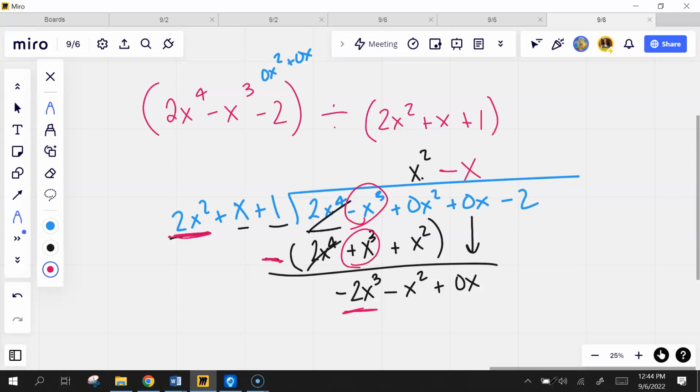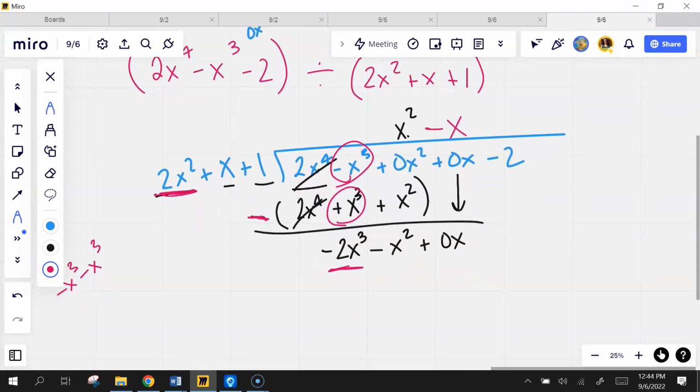Negative x cubed minus x cubed. You with me? So it's negative what? Oh, you're talking about here. Yeah. All right, let's multiply around.